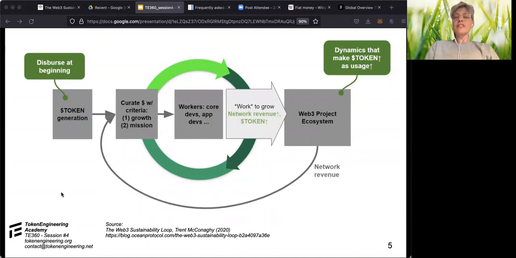So the first important difference is we not only have the product or the initial project, we rather have an ecosystem of projects. If we look at Web3 sustainability cycles, we are not talking about a single project. We are rather talking about an ecosystem.